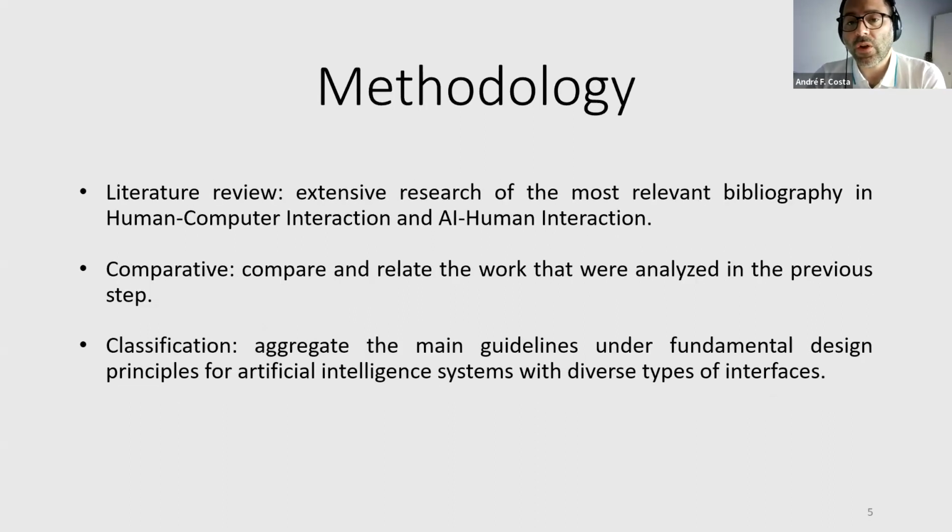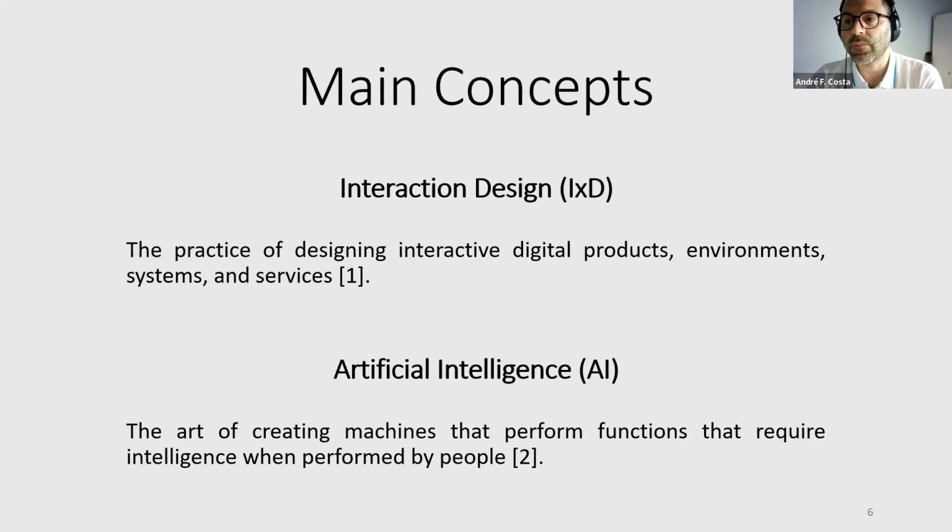Our methodology is based on literature review, where we do an extensive research of the most relevant bibliography. We compare and relate the works that were analyzed in the previous step, and we aggregate the guidelines under fundamental design principles for artificial intelligence systems with diverse types of interfaces.